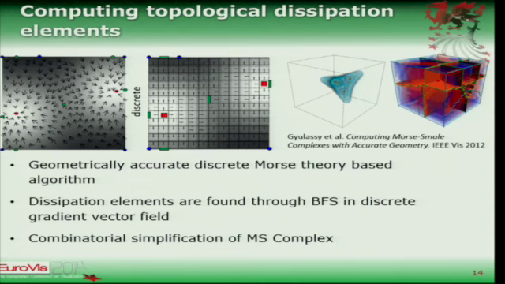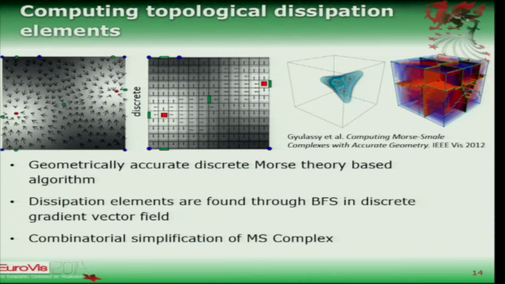That takes a continuous gradient field, which is on the left, and maps it to basically a pairing of cells, inside of which tracing ascending and descending manifolds simply becomes traversing through the pairs and the face relations of the cells of the mesh.